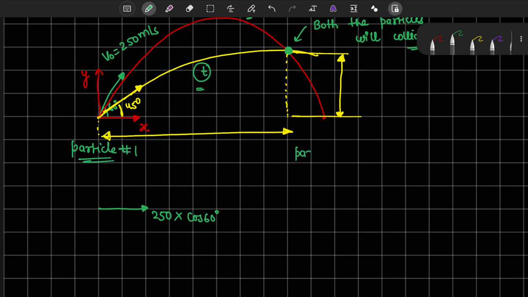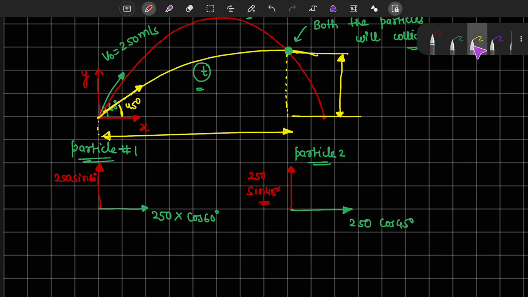For particle 2, the horizontal velocity will be 250 cos of 45 degree and the vertical component will be 250 into sin 45 degree.